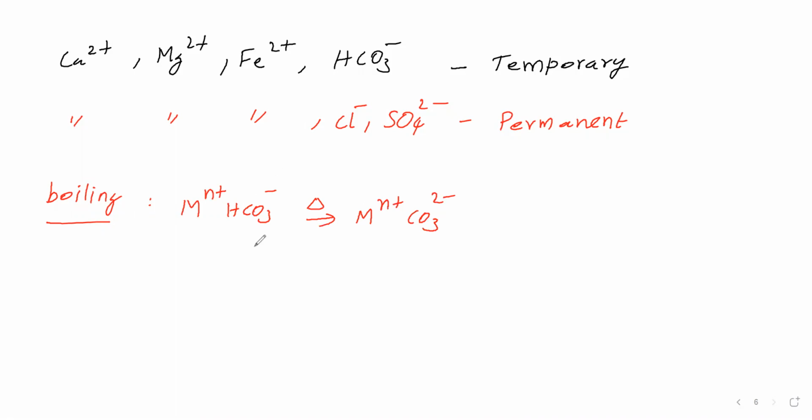Sodium bicarbonate, calcium bicarbonate, ferrous bicarbonate, like this, any metal bicarbonate on heating will become metal carbonate. All the metal carbonates are insoluble in water except alkali metal carbonates. Take any metal carbonate, that will be insoluble in water. Only alkali metal carbonates are soluble in water.